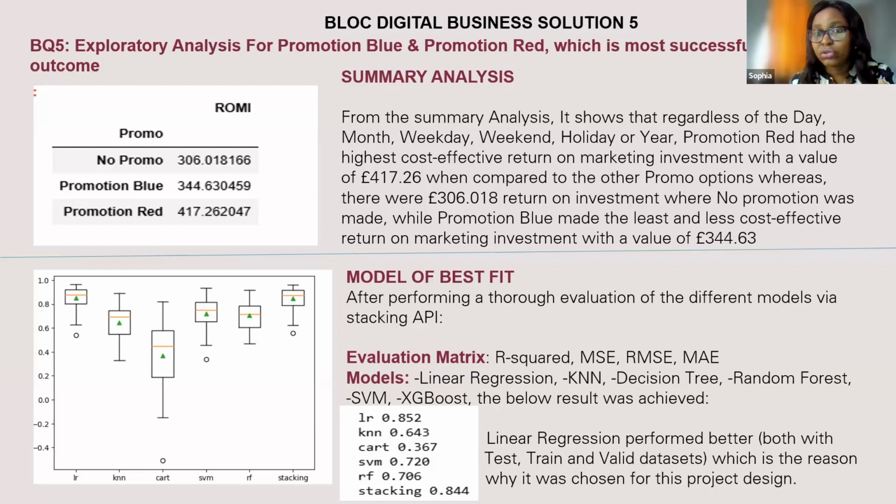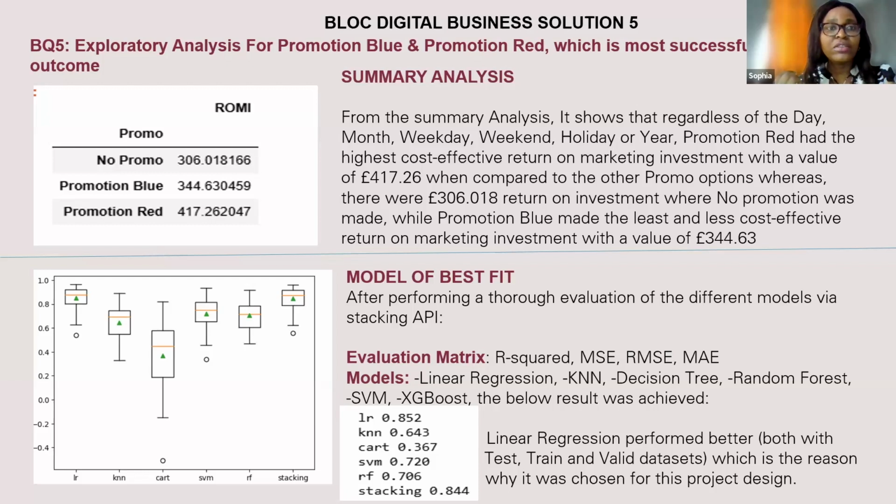I think that's in dollars. Yeah, sorry, pounds, since I'm using a UK-based company, so I use the pounds concept. So the ROMI obtained at the end of promotion blue was £344, and for red £417.